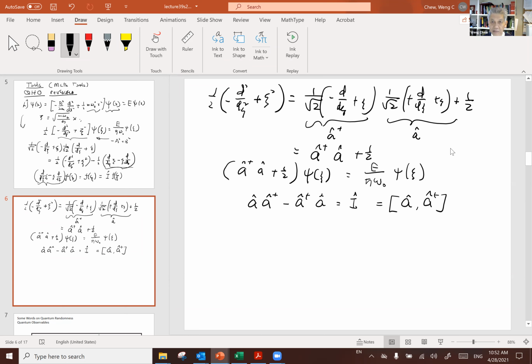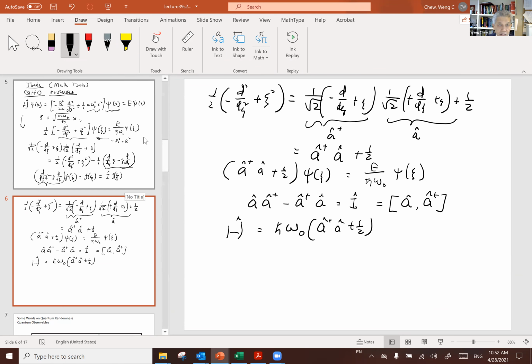And I would now have a succinct way of writing the Hamiltonian. The succinct way of writing the Hamiltonian is that it is equal to h bar omega naught times A dagger A plus half. Okay.